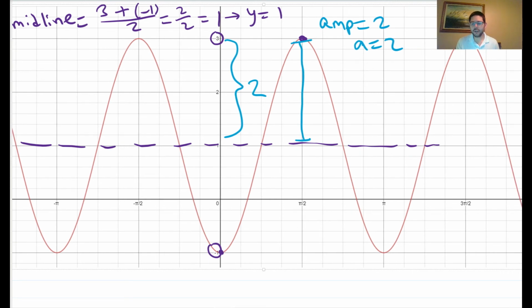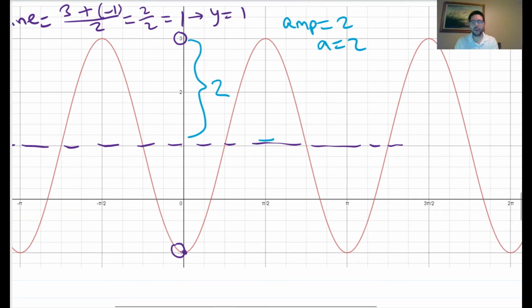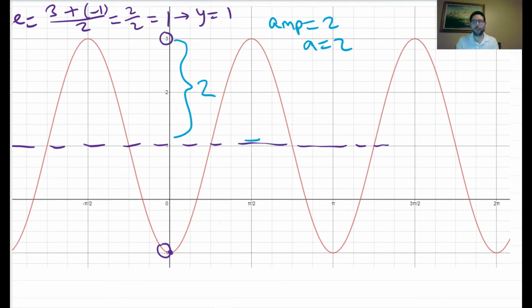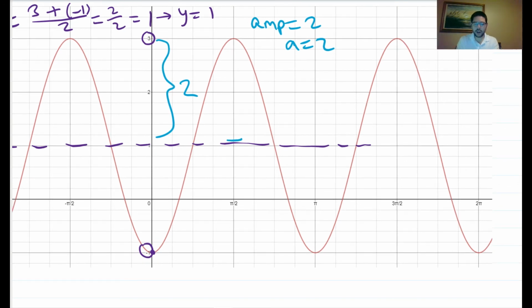Well, to figure out the B term, let's figure out the period of the function. So let's do that in red. Okay, so for the period, you want to see where it starts repeating, right? You can start anywhere on the graph, by the way, as long as you trace it to where it repeats.